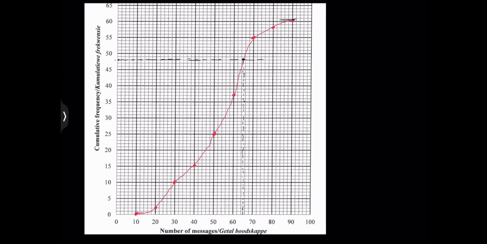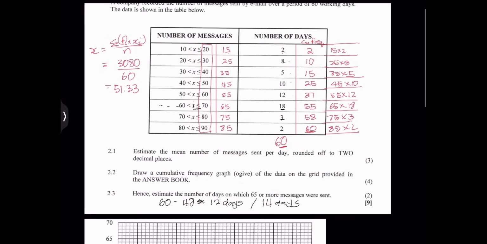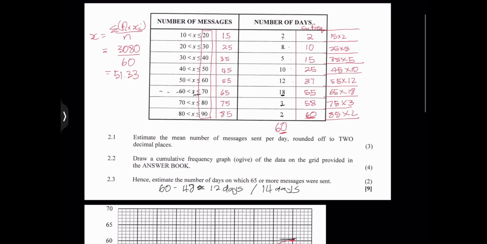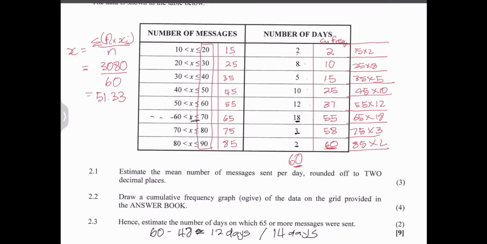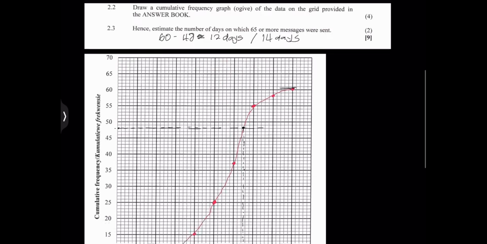And by the way, if you wanted to find the upper quartile, lower quartile, and obviously your median, you can always do that by taking 25%. In this case, it would be 25% of 60 for quartile 1. And obviously that would be 15, right? If you wanted quartile 1.